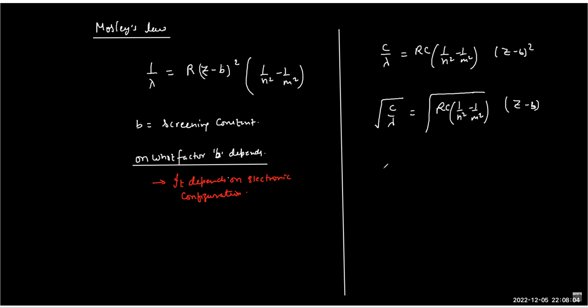And C by lambda is called frequency. And now you can see there is a term here, RC into (1 minus 1 by n square minus 1 by m square). This entire term we call actually A.